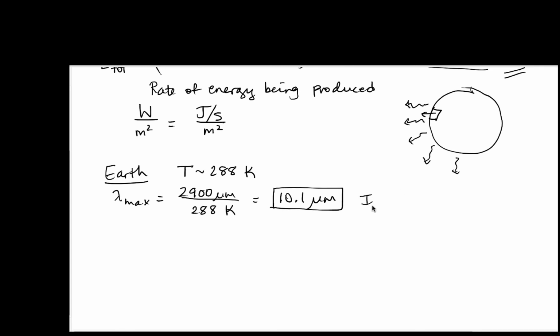This is in the infrared. And that makes sense, right? The Earth doesn't glow in the visible spectrum. It's not like a sun and gives off visible light. It reflects light from the sun, which is why you can see it from the moon, but it does not glow on its own in the visible range.